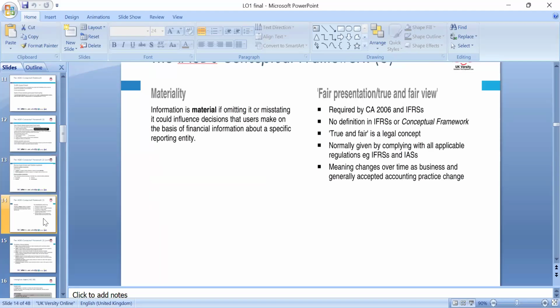Okay, all the material information, because of the materiality concept, all the significant items, of course, and fair representation. We can look at what is required by the Companies Act and financial reporting standards, which are always supposed to be followed.